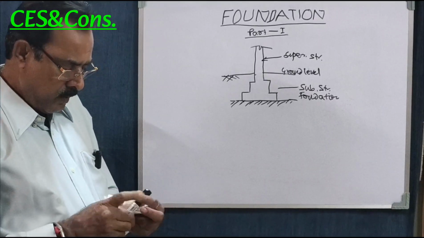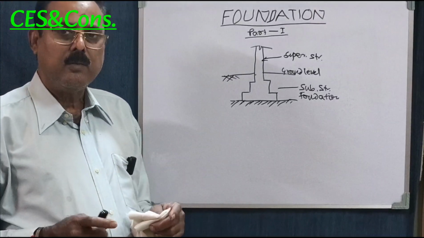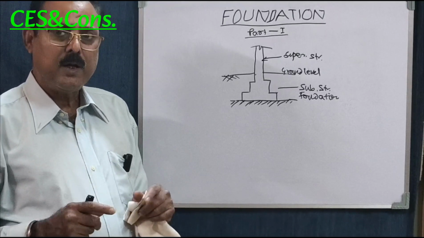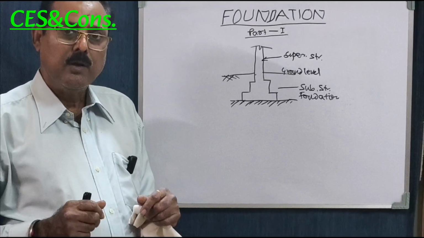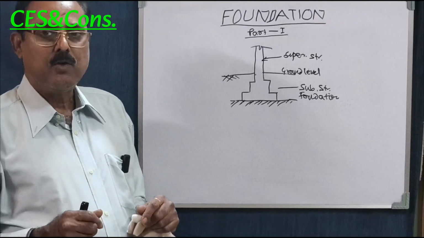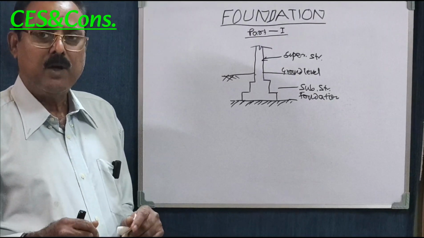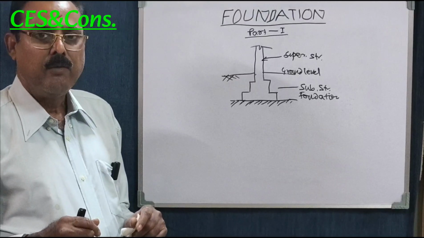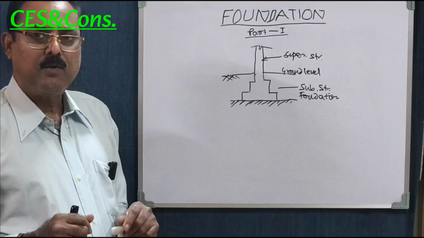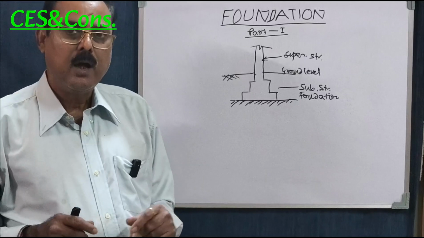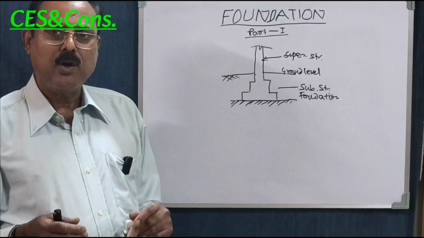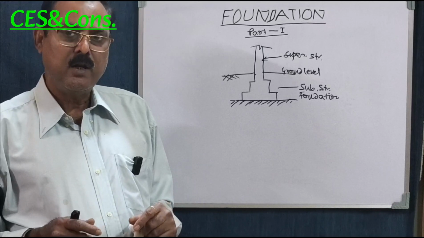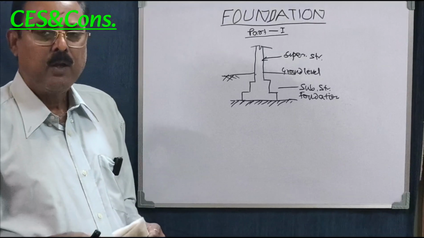See, the foundation of a structure is very much vital. Due to this, very much care is to be taken by the designer and during construction. As the foundation is embedded in the earth, any defect or failure cannot be detected till it is reflected in the superstructure.